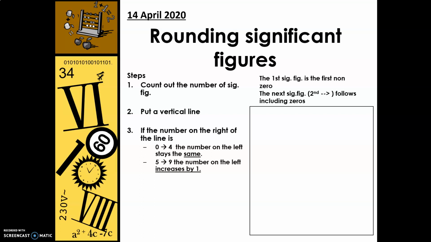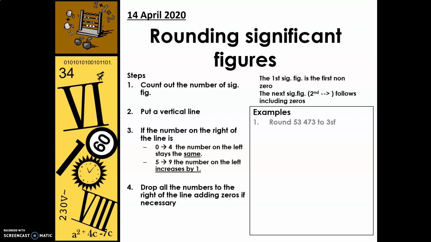If it's a 0 to 4, it stays the same. If it's a 5 to 9, you increase the number on the left by 1. You drop all the other values. The only difference for significant figures is that you can't just drop off place values, so you may have to add zeros. We'll take a look at some examples to get a better idea of this.